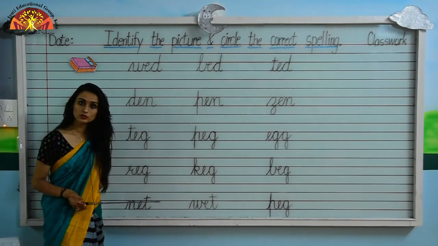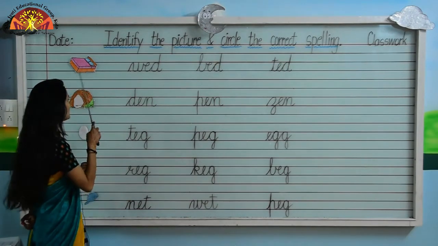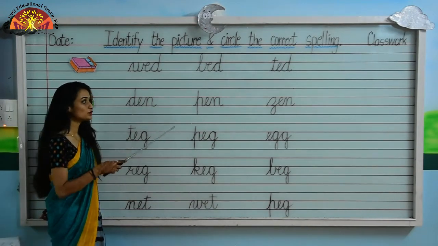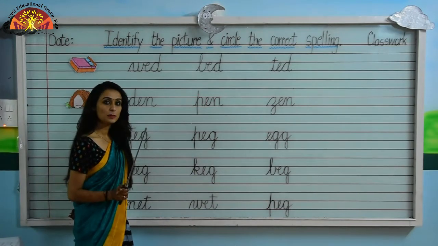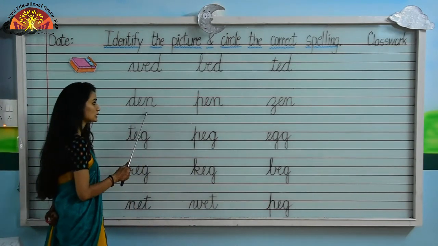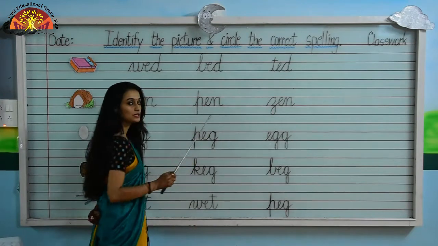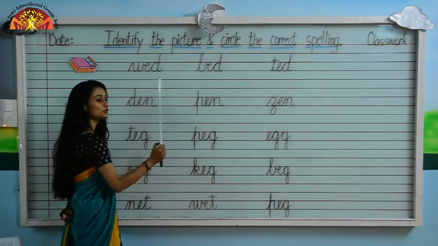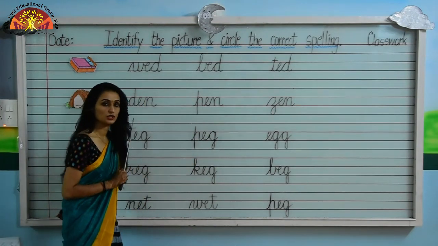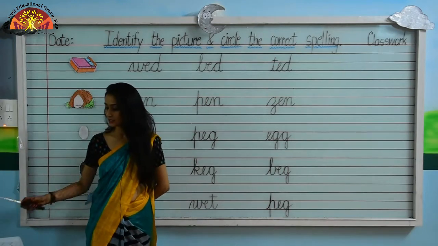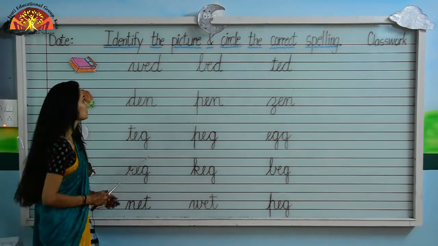So what we have to do? We have to identify the picture and circle the correct spelling among the 3 given in front of the picture. Okay, so let's start. Come to the first one, kids.